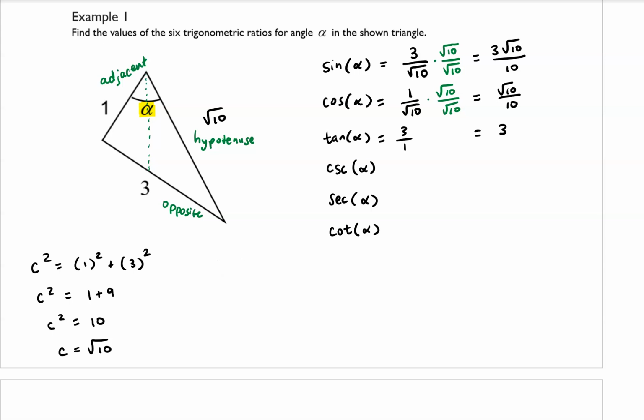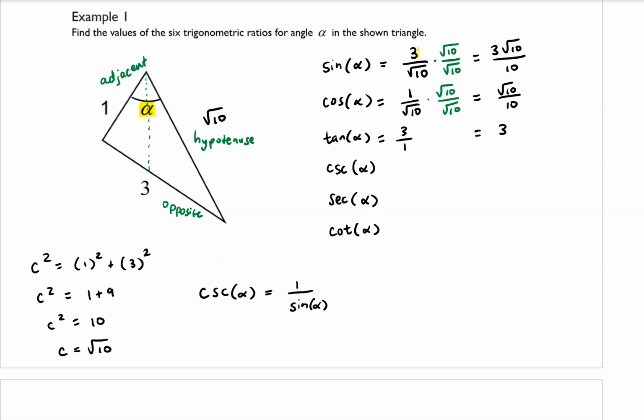Now, we want to figure out the next 3 trigonometric functions, and cosecant is the reciprocal of sine. So recall this relationship, cosecant of alpha would equal 1 over sine of alpha. And so the way that we could figure that out is by taking the reciprocal.